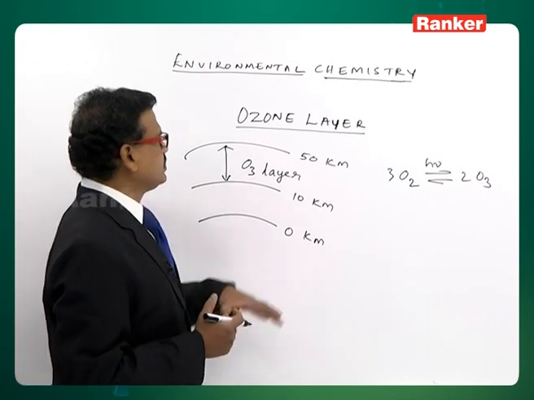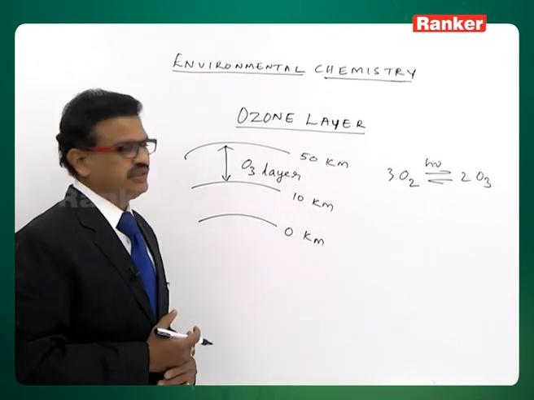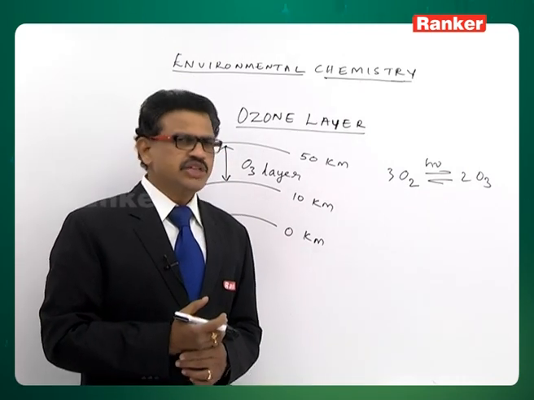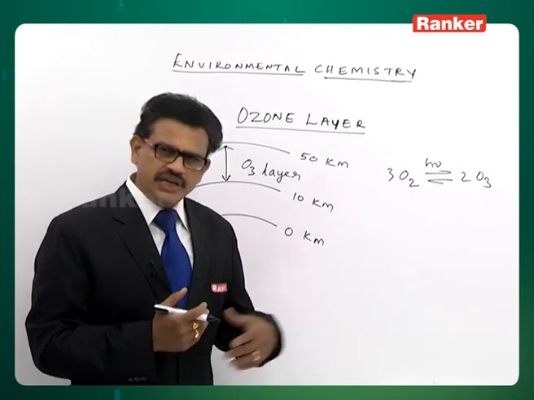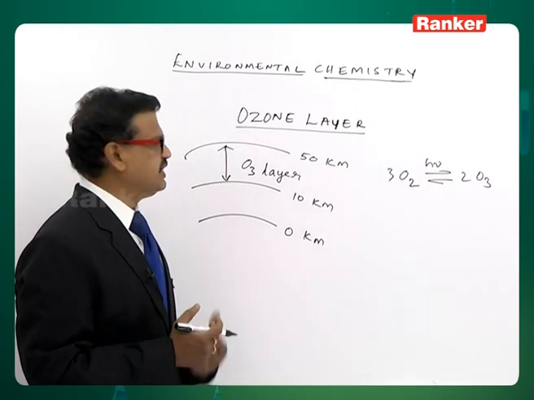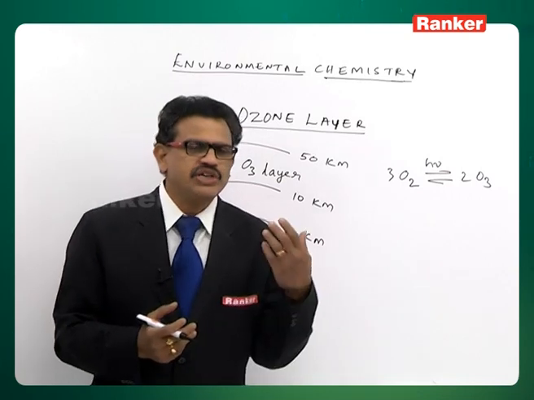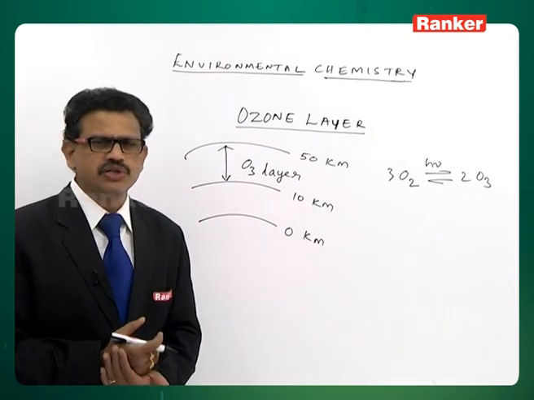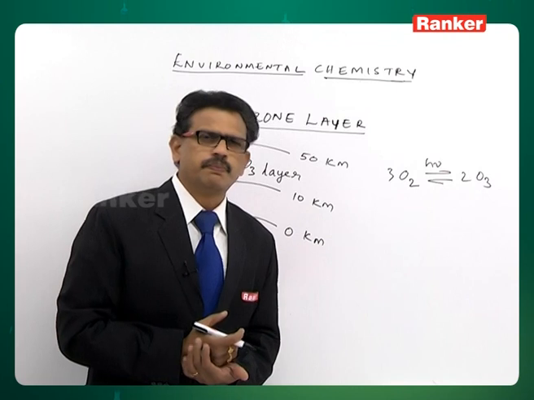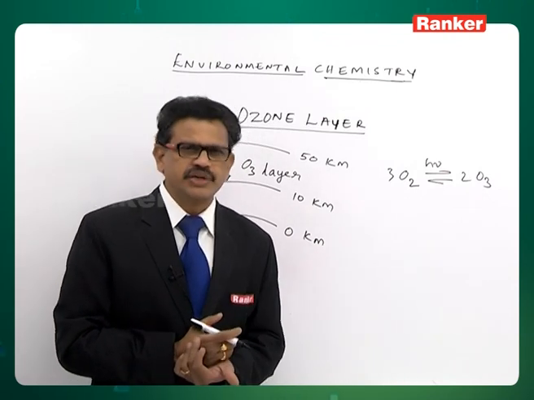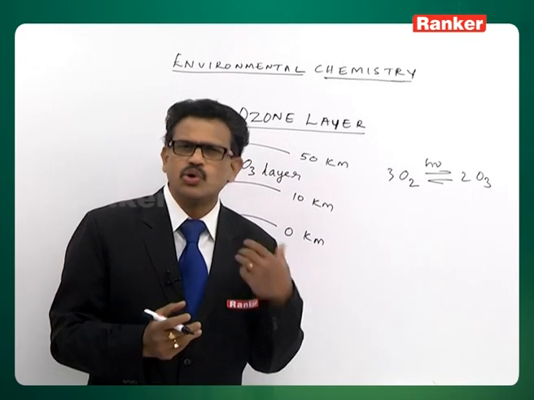So now we have seen the ozone layer formation and its functions, and this ozone layer is now getting depleted. The depletion in the ozone layer is because of environmental polluting gases. The depletion in the ozone layer means holes produced in the ozone layer.